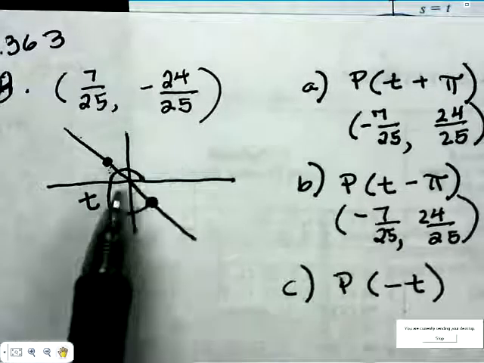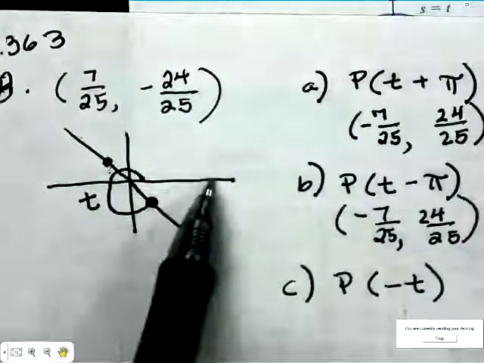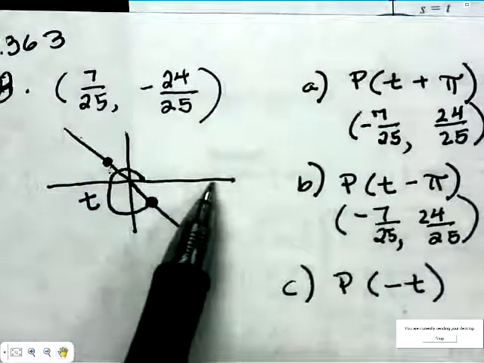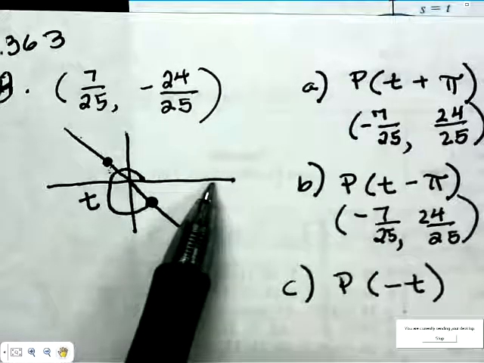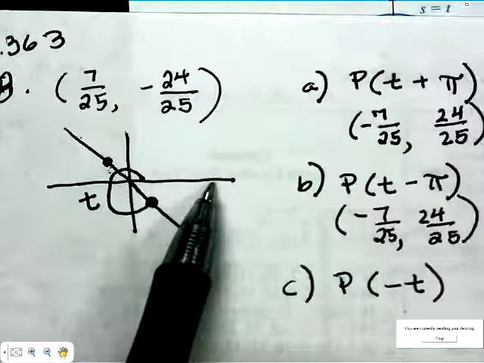Now, an angle in standard position always starts with its initial side on the positive x-axis. So if I went somewhere between 270 degrees and 360 degrees clockwise instead of counterclockwise, in what quadrant would my terminal side be?